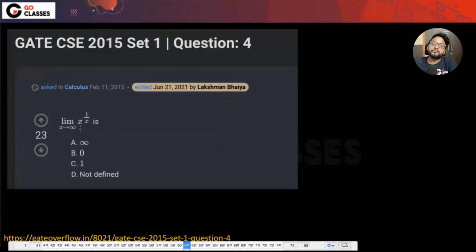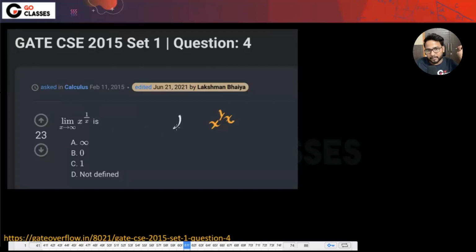This is infinity power 0. Okay. This is interesting. How to solve this? Let's just take log. So this quantity is basically x power 1 upon x. I can apply the limit later.